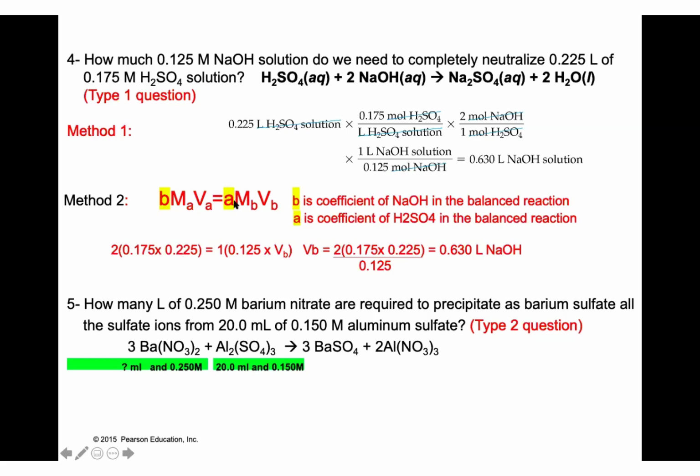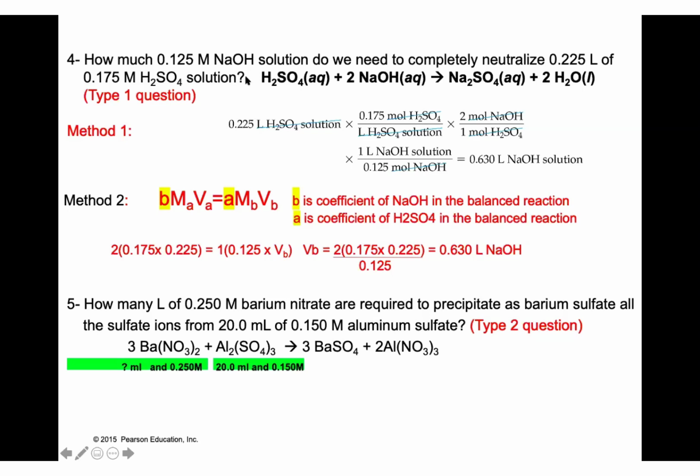It's very important, guys. You should always put the coefficients here. If you don't put them, your answers will be completely wrong, because you should include the coefficient of the acid and base here.